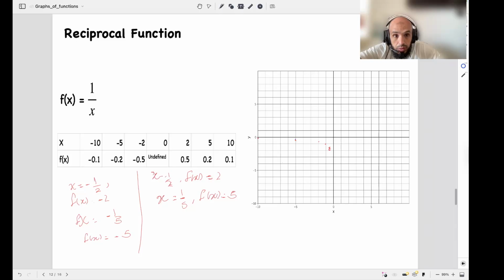Negative here, half is here, and so it would look like this, and on the other side it would look like that. So it has a horizontal asymptote with the x-axis in both directions, and a vertical asymptote with the y-axis, and it is undefined at x equals 0.